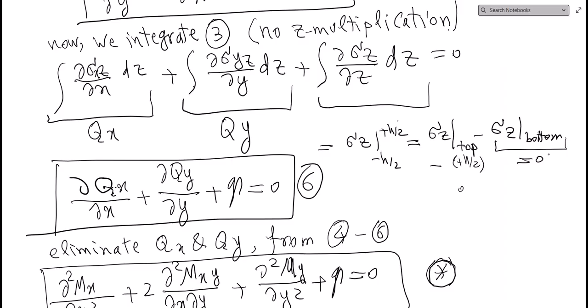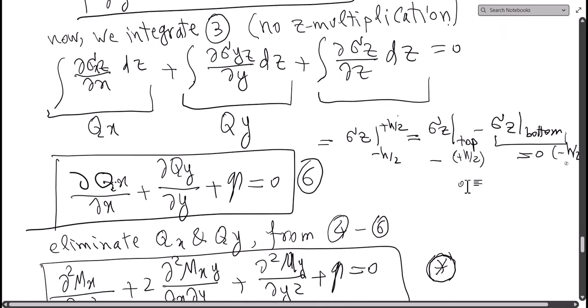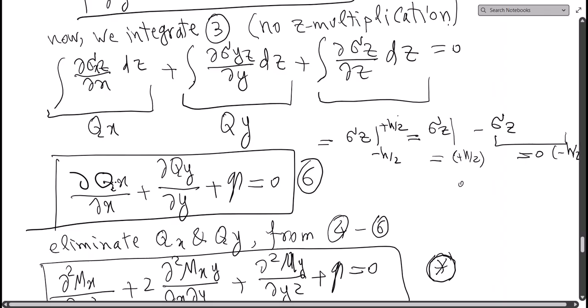Actually, it is bottom, and bottom is minus h over 2. Okay, so let's clear this top and bottom. So this is actually at z equal to h over 2 and z equal to minus h over 2.